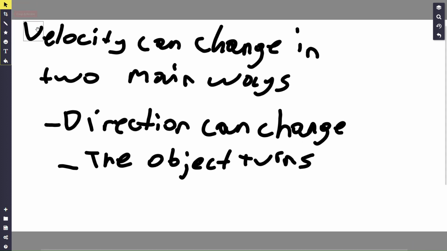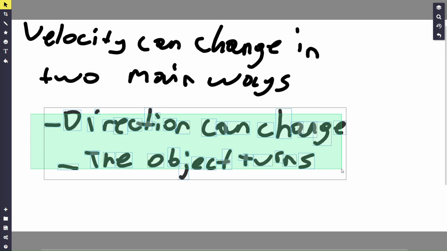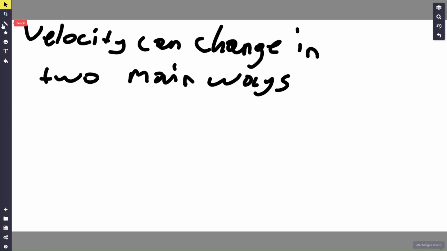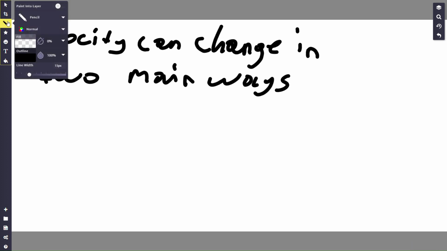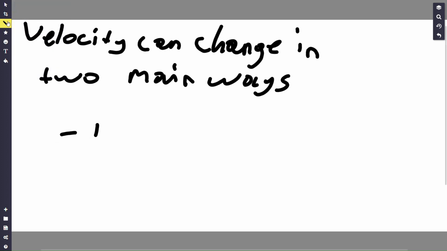Now, one important thing to note is if either one of these things happen, the object is accelerating.